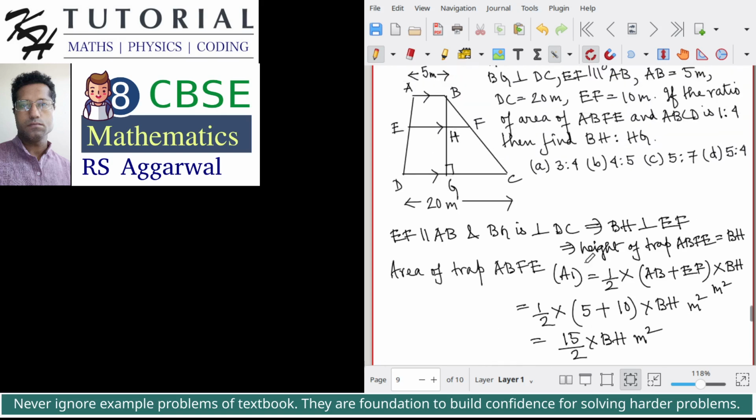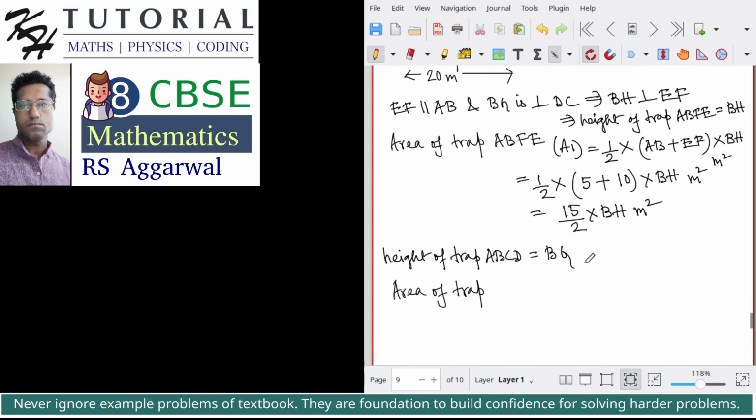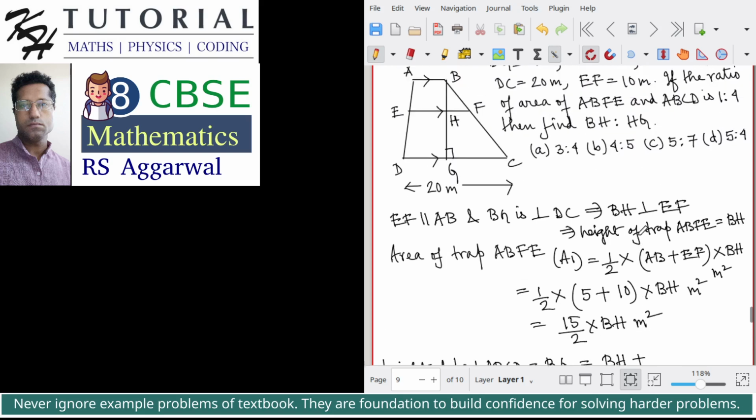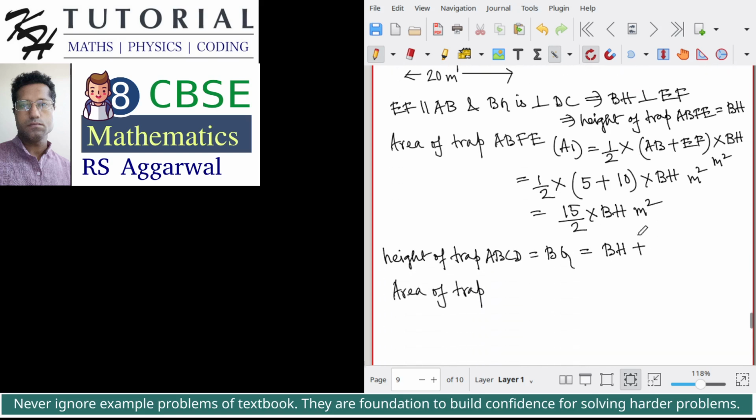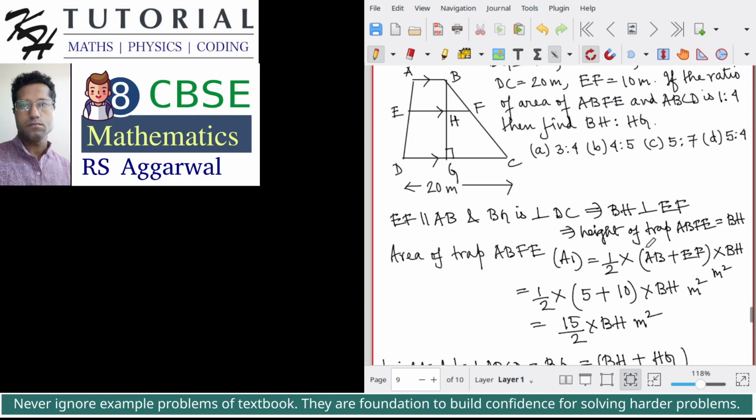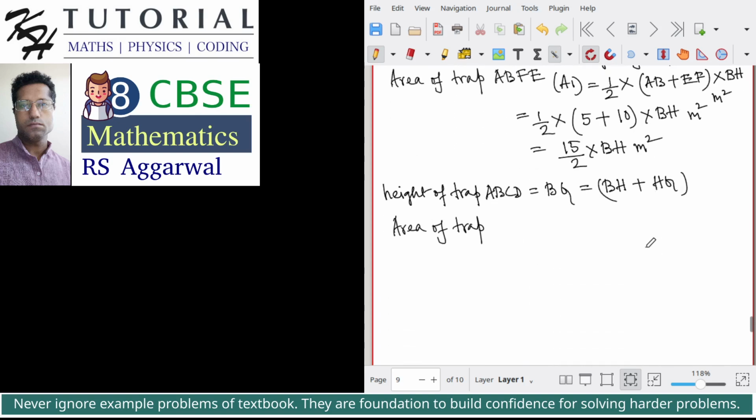So BG must be the height of the trapezium ABCD. Now what is BG? BG is BH plus HG.